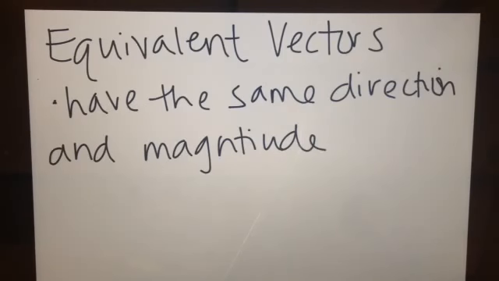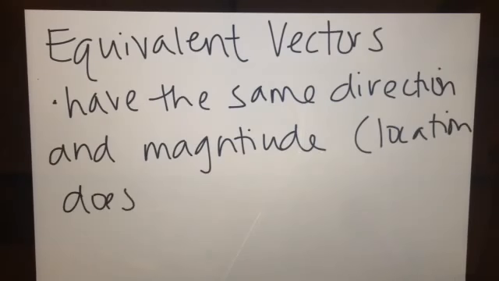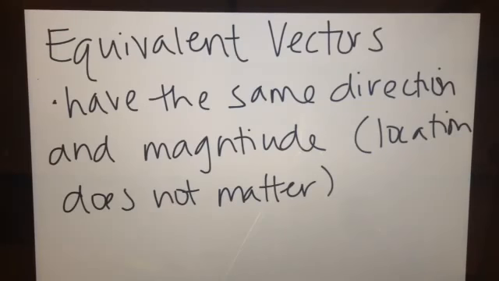So they're the same slope basically, and then the same length. And location does not matter. Maybe think of parallel lines if they didn't continue forever and we were just looking at a little segment of it. So equivalent vectors, same direction, same magnitude.